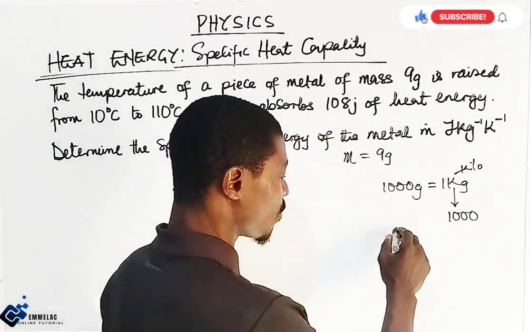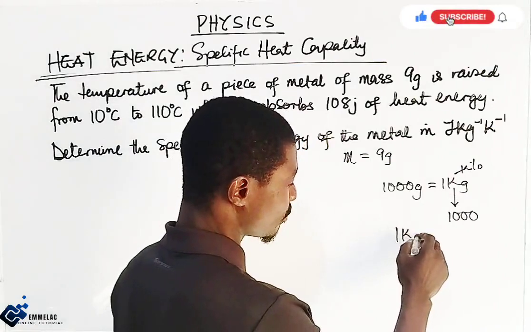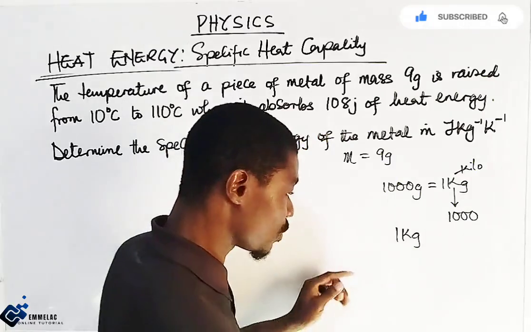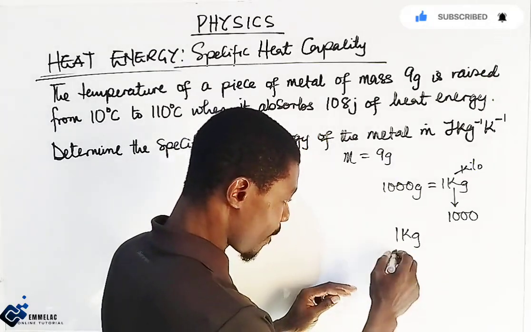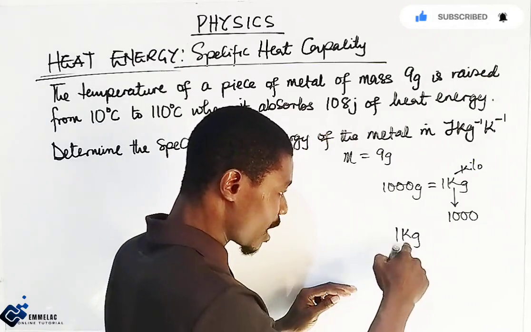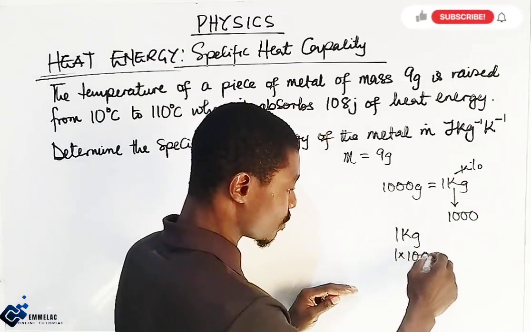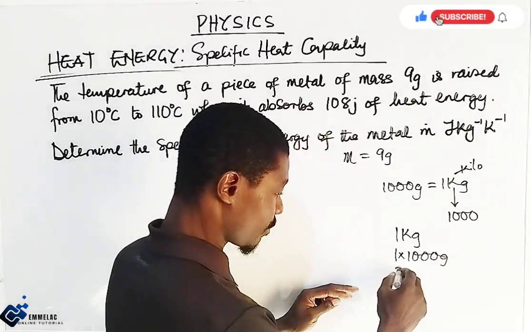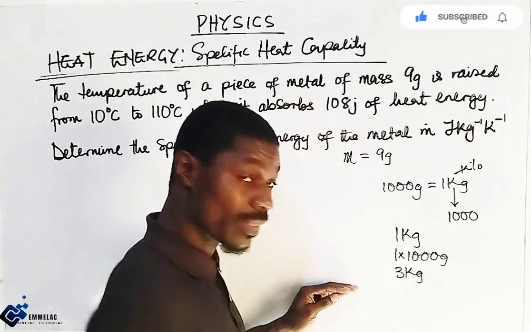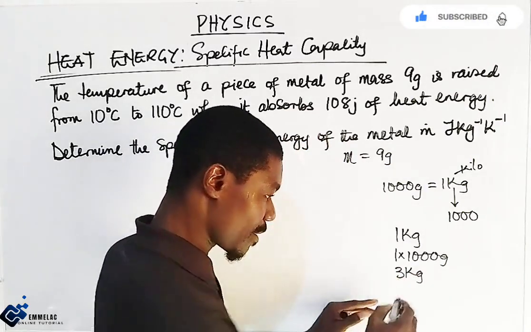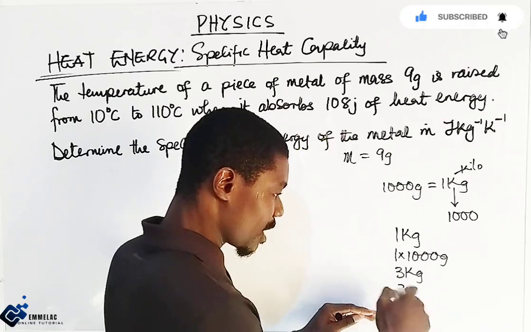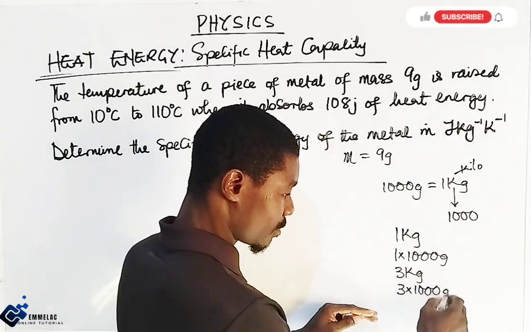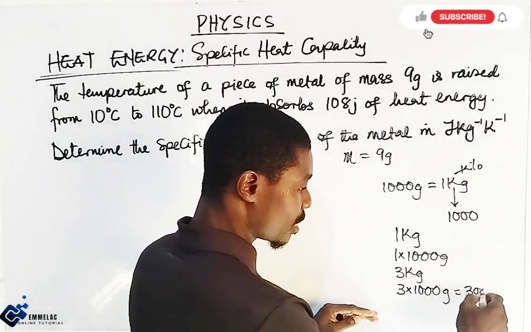So if you have 1 kilogram, converting it to gram, you just need to do 1 times the kilo, which is 1000, then you have your gram. If it is 3 kilogram, it implies 3 times this kilo, which is 1000, then you end up having 3000 gram.